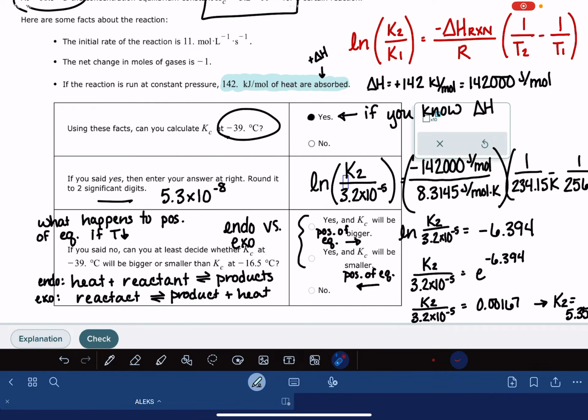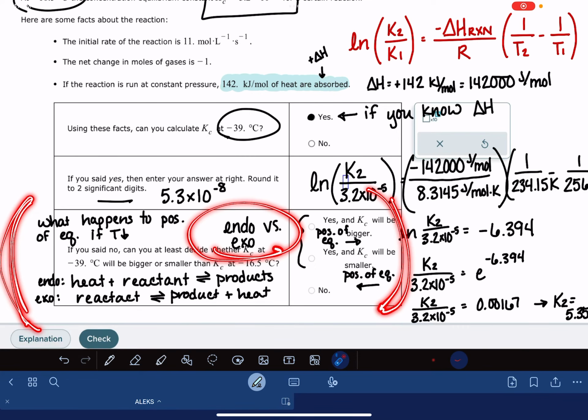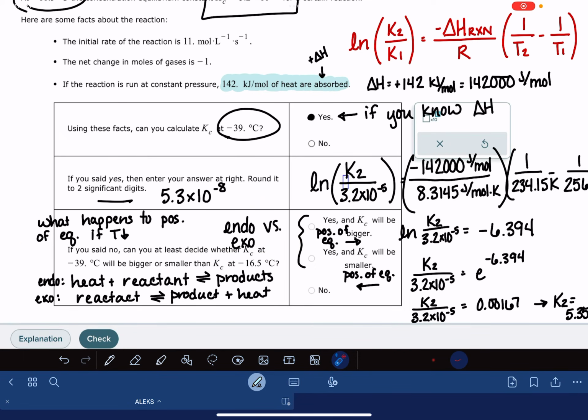But if you do end up in that weird situation, I really want you to rely on Le Chatelier's principle, because this part of the problem is totally about Le Chatelier's principle. And so I showed you what to do using Le Chatelier's principle if you know if the reaction is exo or endo, and hopefully you can navigate it if it's a pressure change situation.